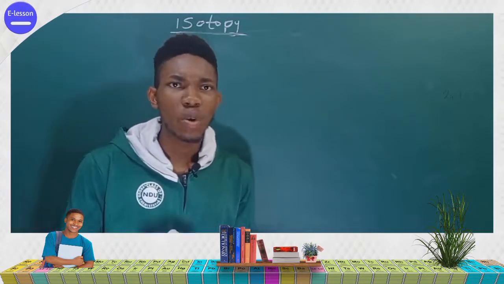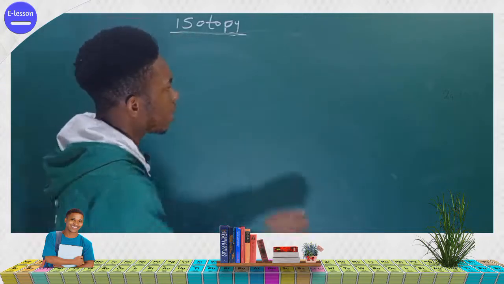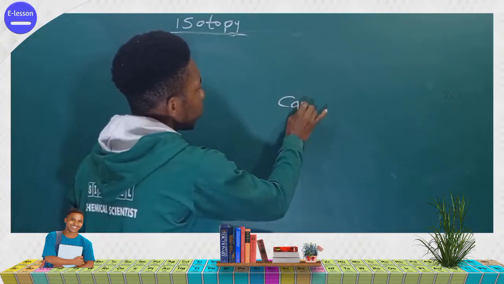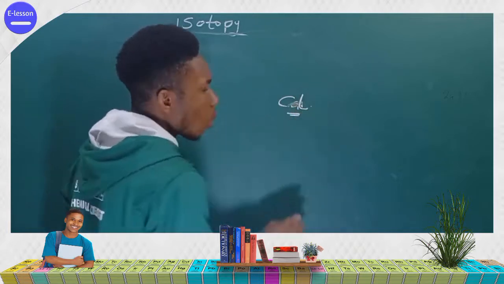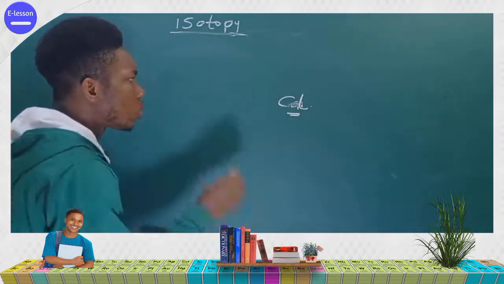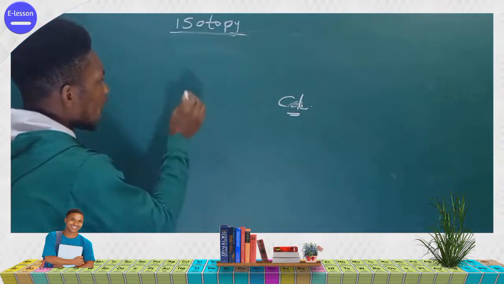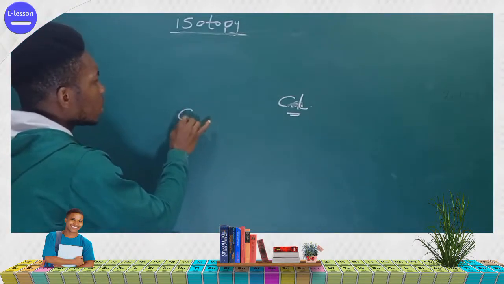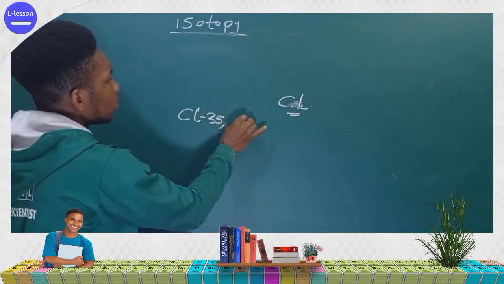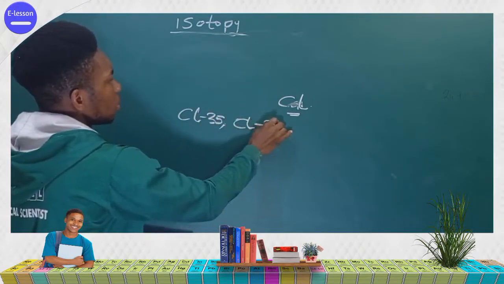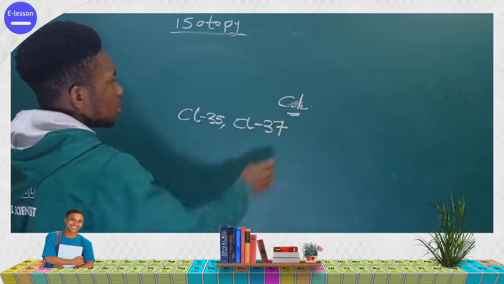For instance, let's say chlorine. Now, this chlorine atom is gotten from two isotopes of chlorine, which are chlorine 35 and chlorine 37.